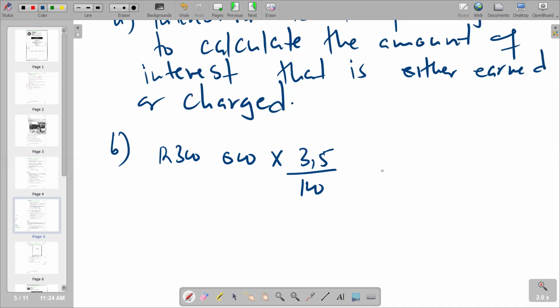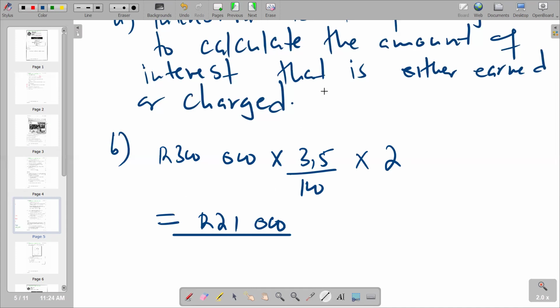Then we multiply by 2 years to get the interest for 2 years. If you do that, the answer you're going to get is 21,000.